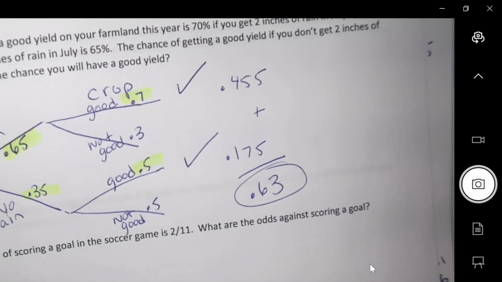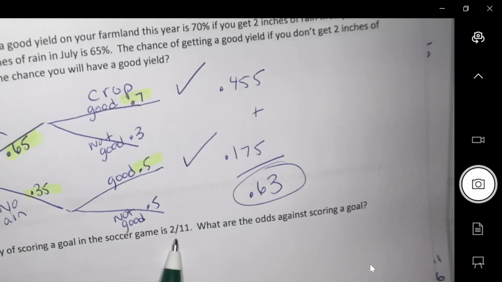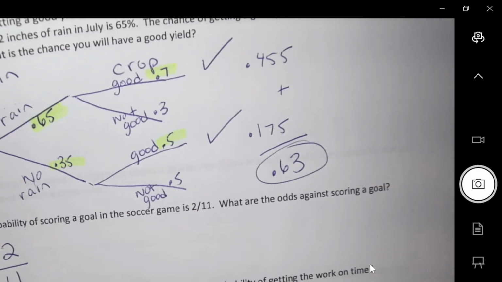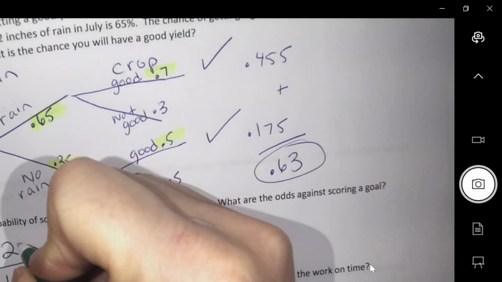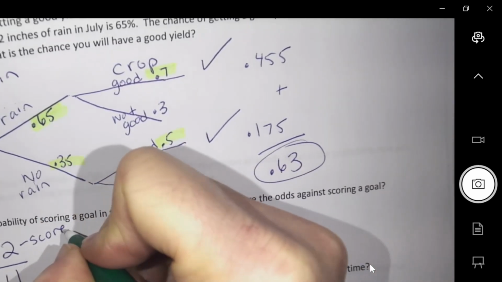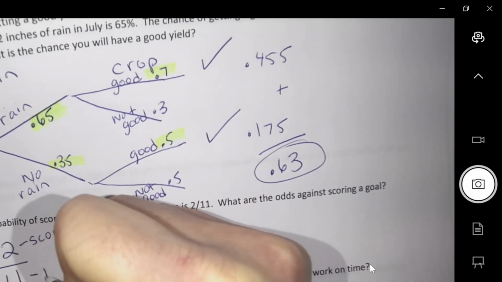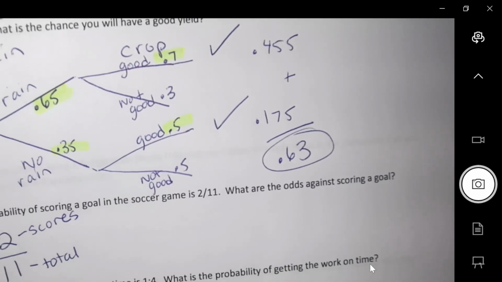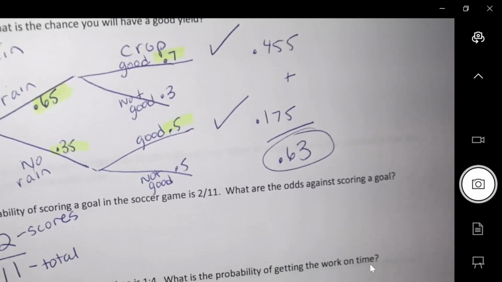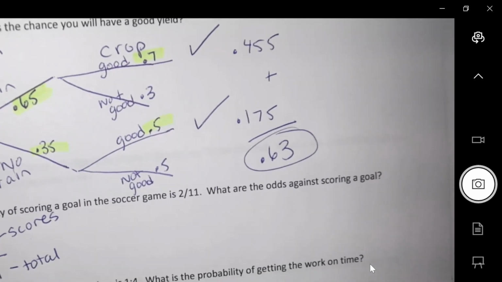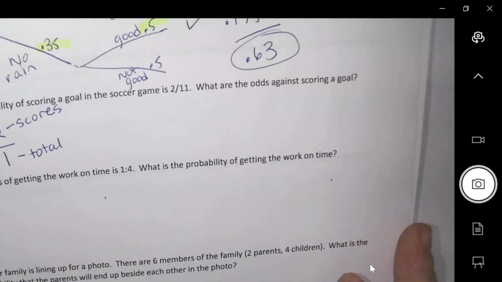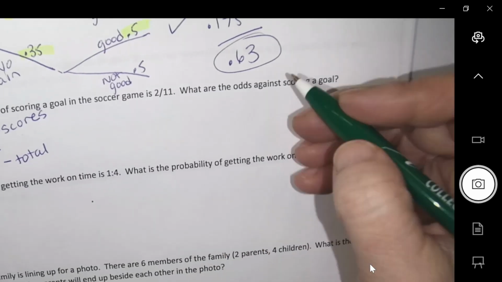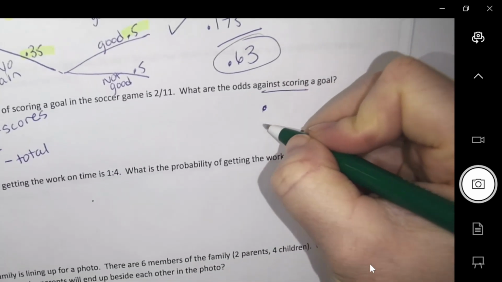The probability of scoring in a soccer game is 2 out of 11. So what does that mean? It means 2 scores out of 11 total. That's how probability works. 2 scores out of 11 total. What are the odds against scoring?